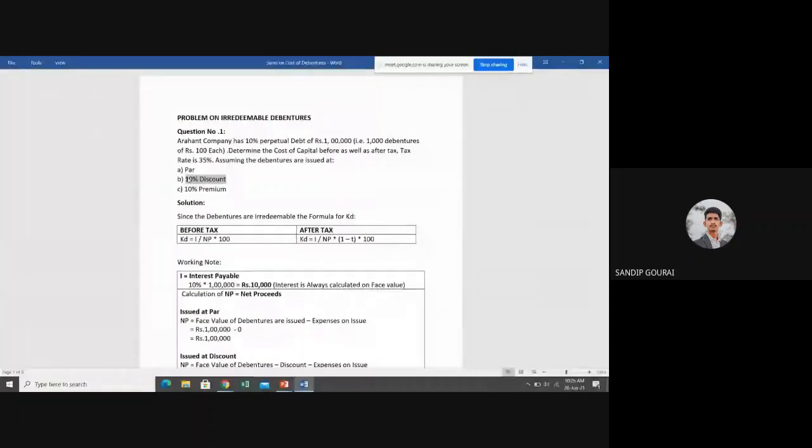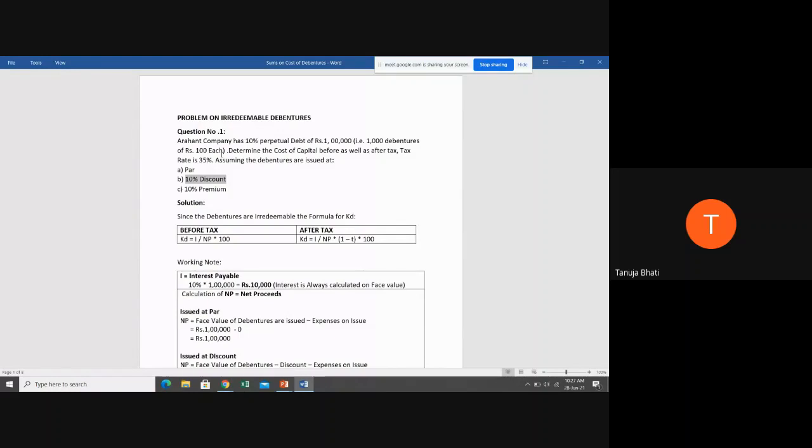Students, 100 rupees is the cost, and you're giving 10% discount on that, right? So 10% of 100 is how much? No, 10% of 100 is 10 rupees. 10 rupees out of 100, 10 rupees discount you are giving. So actually you are issuing the debentures at 90 rupees, correct?